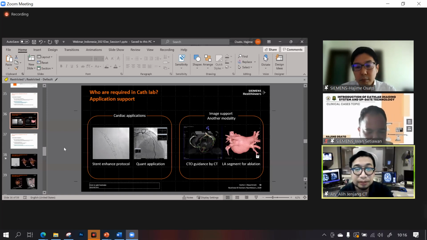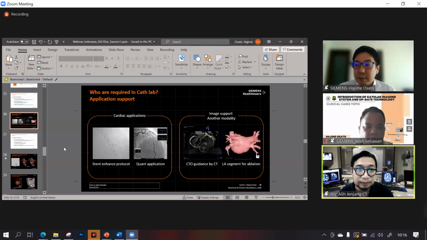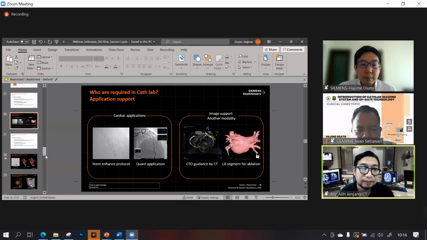For some examinations such as electrophysiology study, or EP study, the doctor usually says they don't need a radiographer to join during the study. So what is your opinion, according to your slide, about the job description of the radiographer in the Cathlab? Does this situation also happen in Japan or not? Okay, thank you. I think that's enough for me.